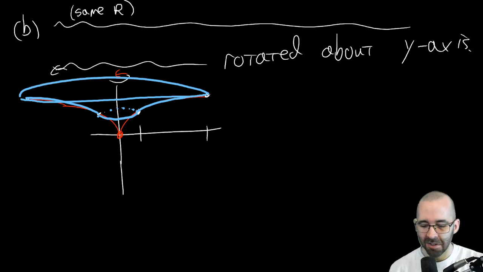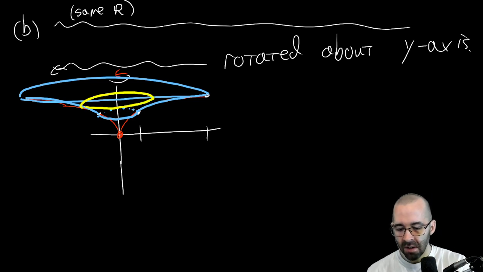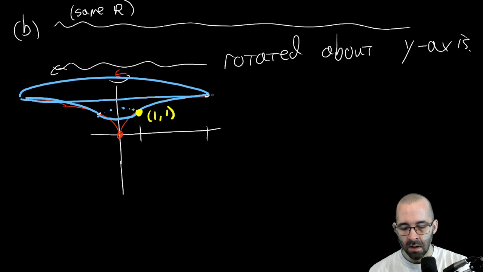It's really squished. And again, we still have circular cross sections at any height. Oh, what's C and D? What are our heights? Well, this is the square root of 1, and this is the square root of 4.